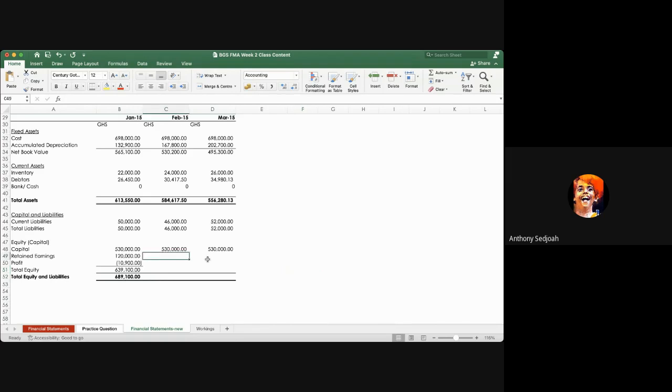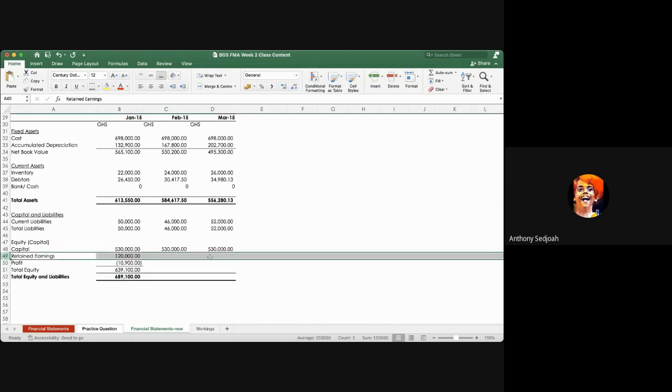So retained earnings for February. Who knows what that amount will be? The retained earnings. I don't have any shortcuts for this one. First of all, do you know what retained earnings is? Isabella, are you around?